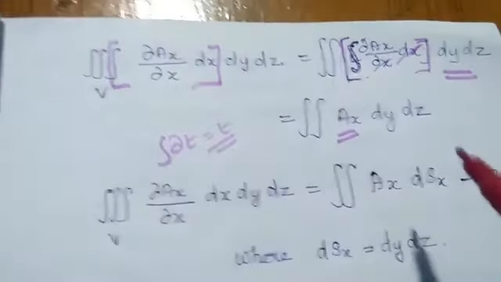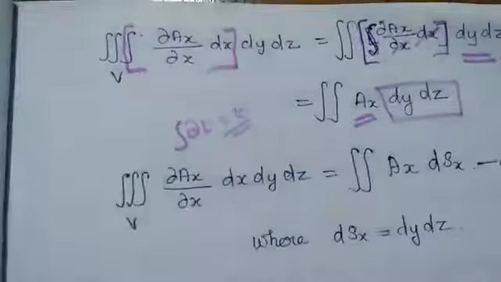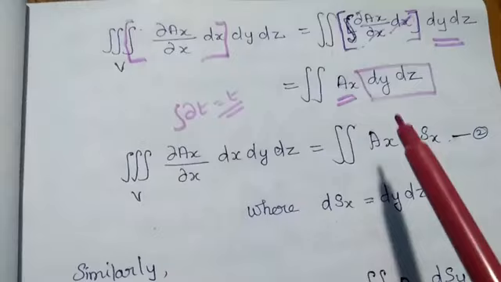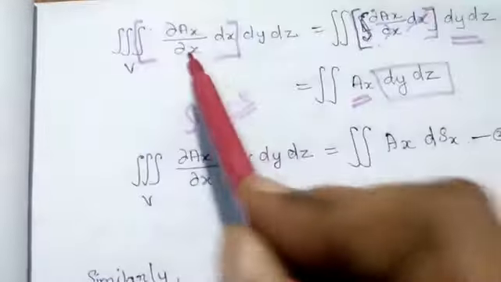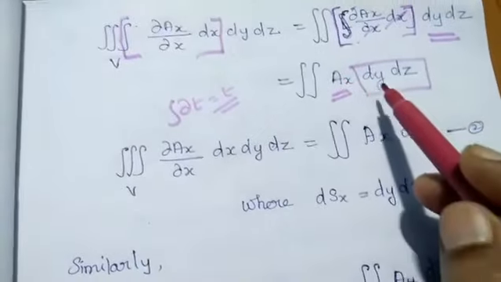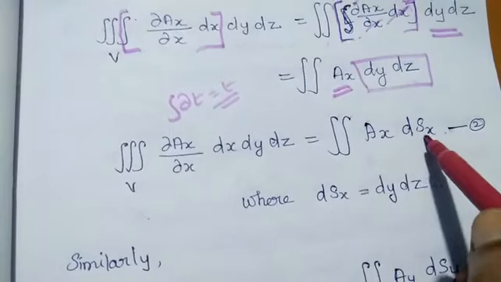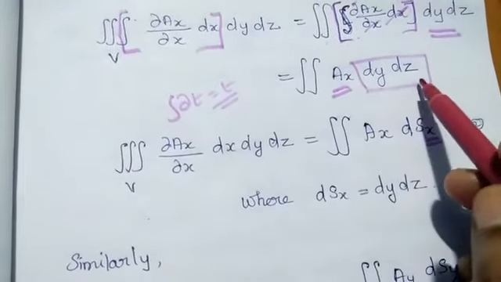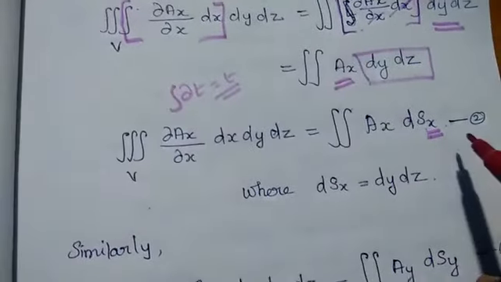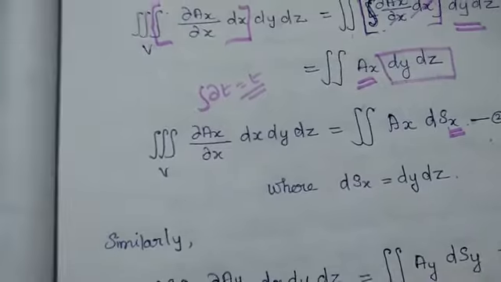Here dy and dz are nothing but the components of the x surface. So we can rewrite this term as the double integral of Ax dsx. So dy dz is nothing but the component of the x surface. We can rewrite it like this. Consider this as the second equation.